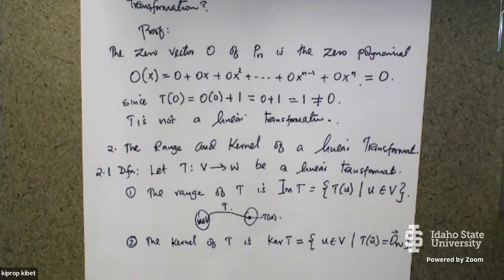So the kernel is the solution that should be 0. Basically, we saw last time that the range was the column space, and the kernel was the null space, because we're getting the solution to be equal to 0.